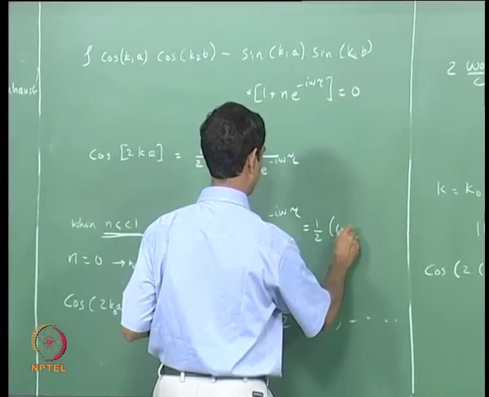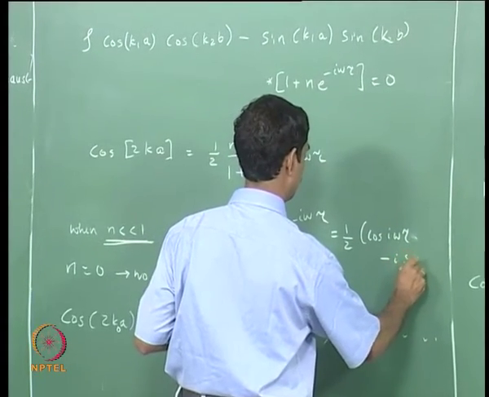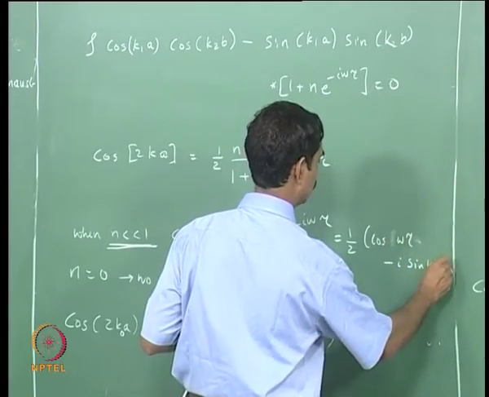This is half n cos omega tau minus i sin omega tau.